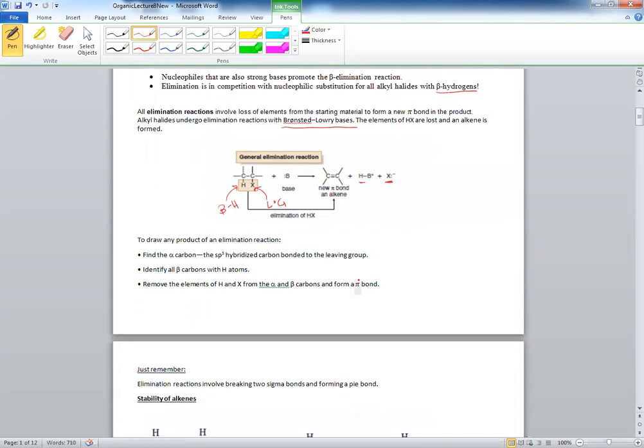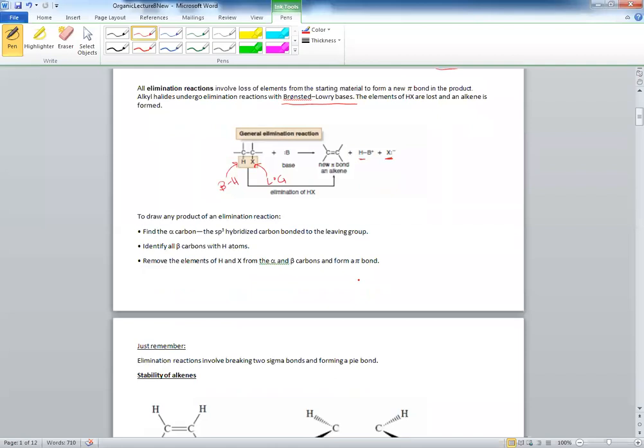So what are the procedures to determine how to actually draw the elimination reaction? We'll begin right away. The first thing you need to do is find the alpha carbon. The alpha carbon is where the leaving group is bonded.